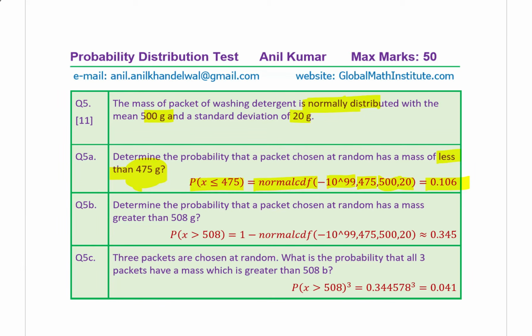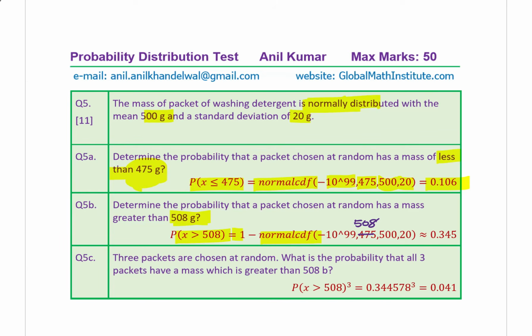5b. Determine the probability that the packet chosen at random has mass greater than 508. So for greater than, we could do 1 minus less than equal to 508, right? So that we could do and get the answer, right? So this is 508, let's say.